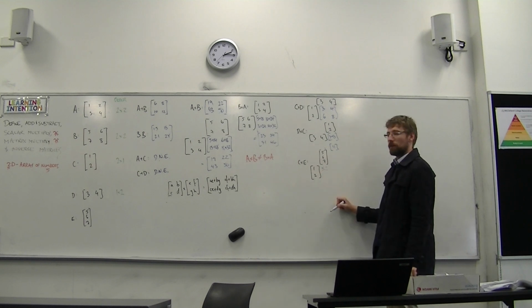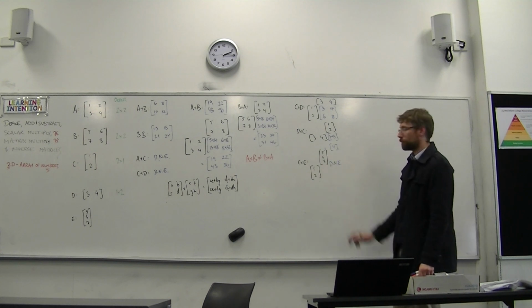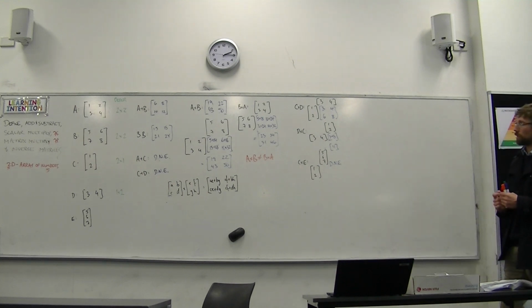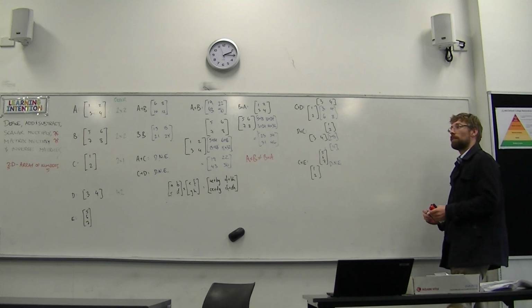Has the method broken down? Yes, so it's undefined. It does not exist. A 2 by 1 can't multiply with a 2 by 1.